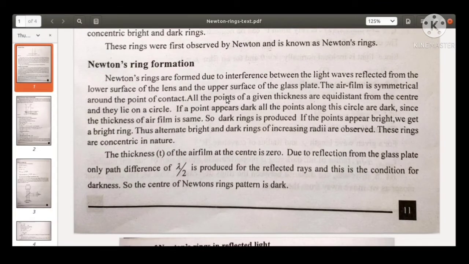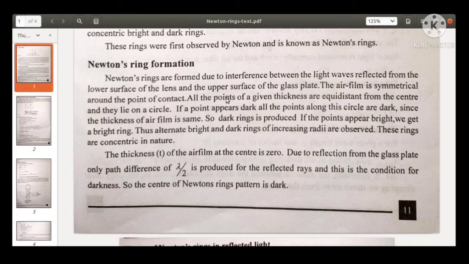If a point appears dark, all the points along the circle are dark. Since the thickness of the air film is the same, a dark ring is produced. If the points appear bright, we get a bright ring. Thus alternate bright and dark rings of different radii are observed.